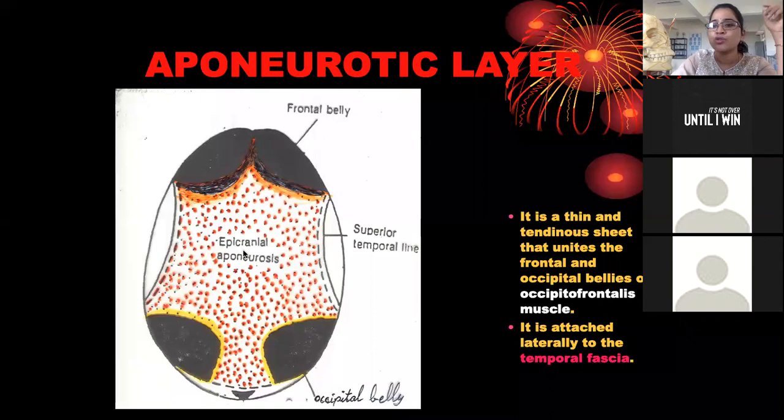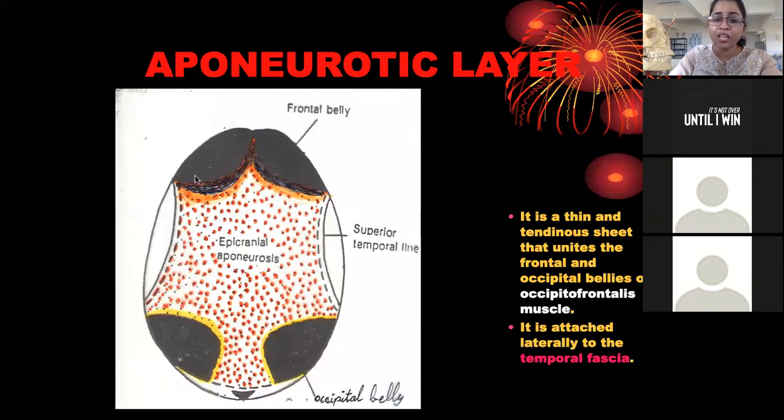Clear, guys? So here, what you have to understand in this layer is what aponeurosis is, how it has been formed, how the muscles give a flattened tendon to form an aponeurosis, and what its full name is. It is called the epicranial aponeurosis.